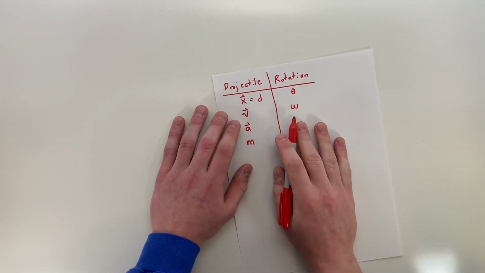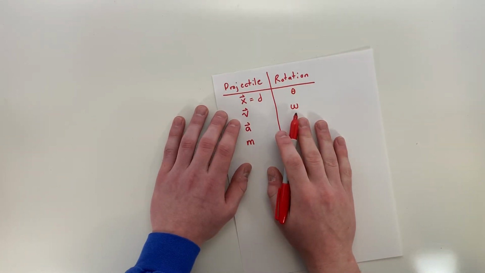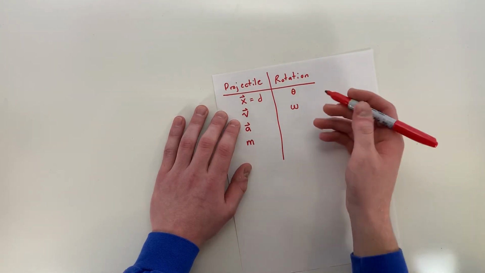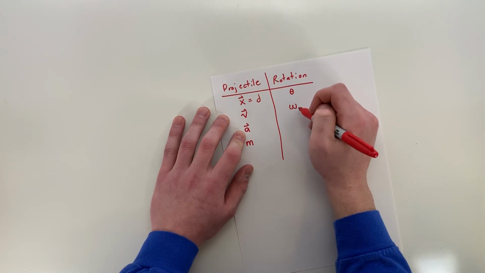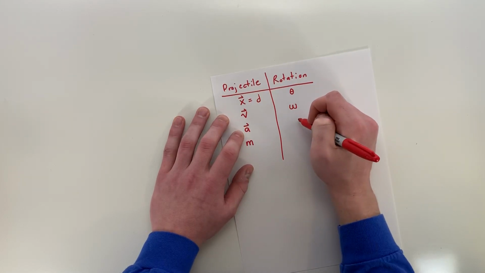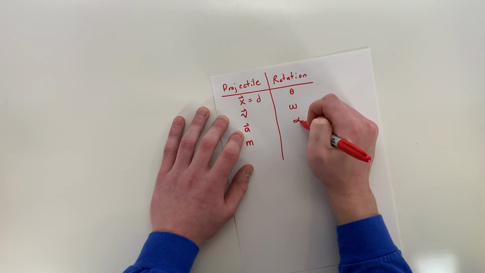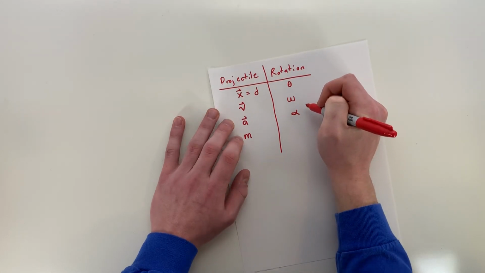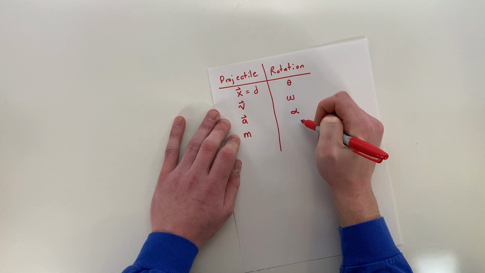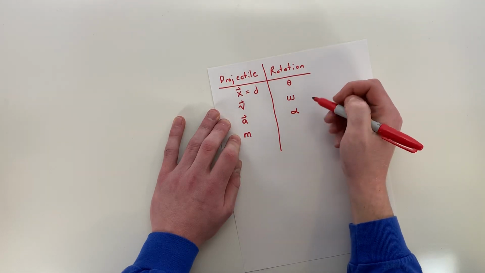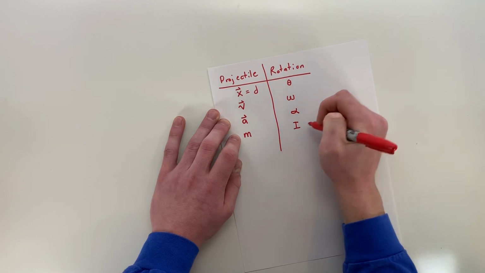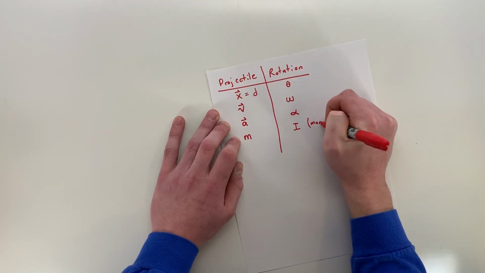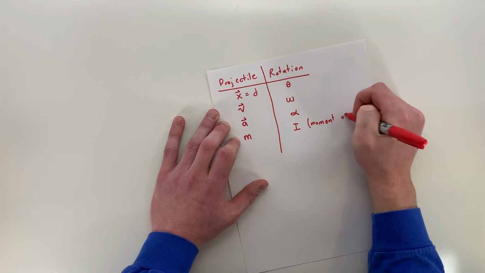Now, be careful, this is not a W. It is the lowercase Greek letter omega, which is the last letter of the Greek alphabet, of course. The analogy to acceleration would be alpha. And finally, the analogy to mass is I, or the moment of inertia.